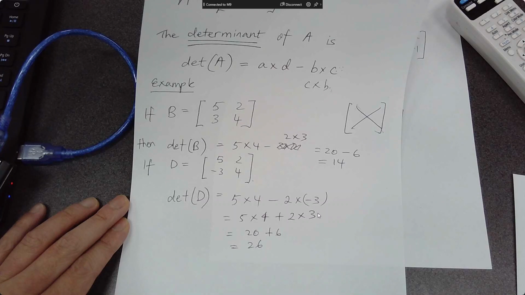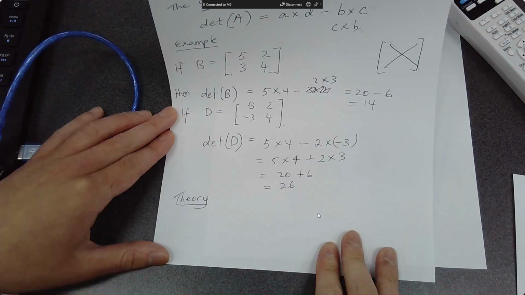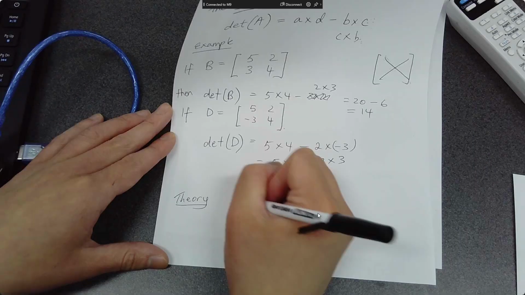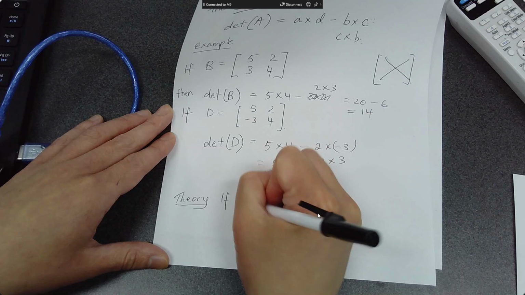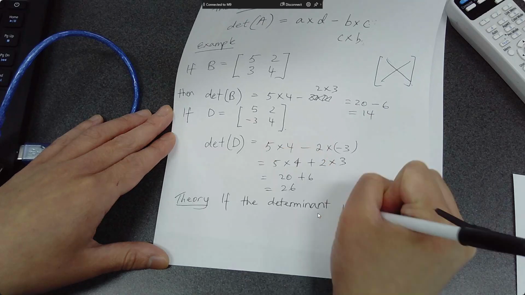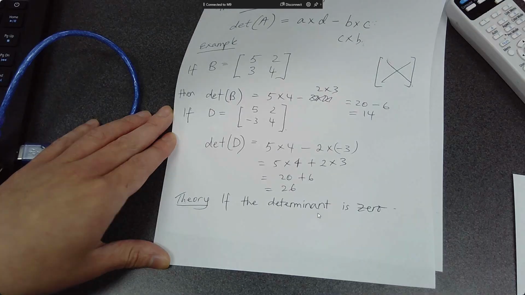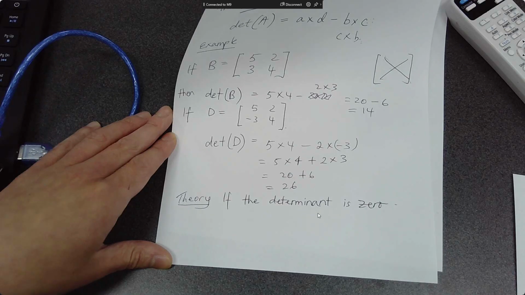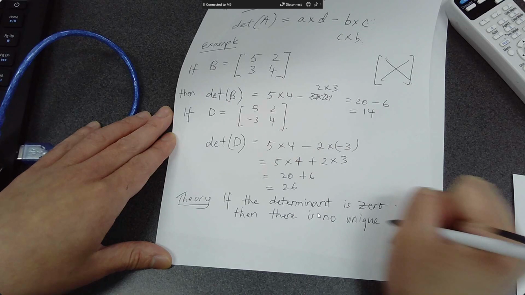Okay, so why do we bother with calculating this number? Here's the main point. If the determinant is 0, if you try to solve a system of simultaneous equations where your matrix has a determinant of 0, then there is going to be no unique solution.